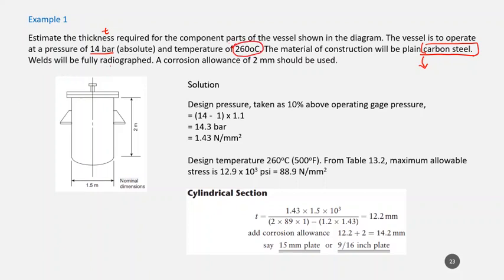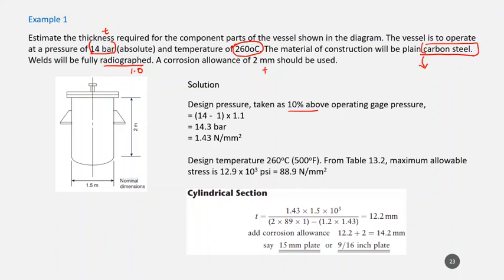Okay, the welds will be fully radiographed, so the value is 1, and a corrosion allowance for thickness, which is related to the additional thickness, of 2 mm should be used. So we start by identifying the design pressure. Since it operates at higher pressure, we may consider a design pressure which is 10% above the operating pressure gauge.